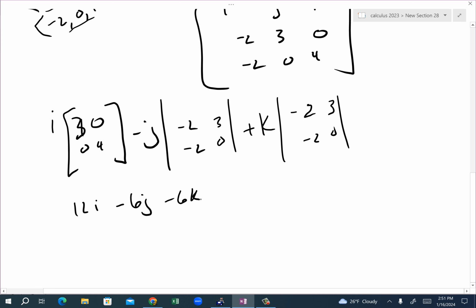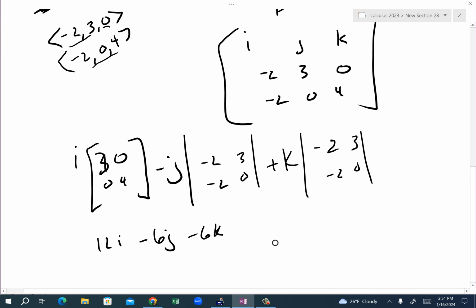How do I know if I'm right? Remember, take the dot product of this one with this, and it better equal 0. And I screwed up, obviously. 3, 4, 0, 0, negative 2. Oh, this one's the problem. You're probably cussing at the screen telling me I did it wrong to start with.